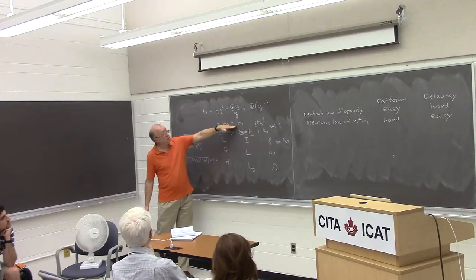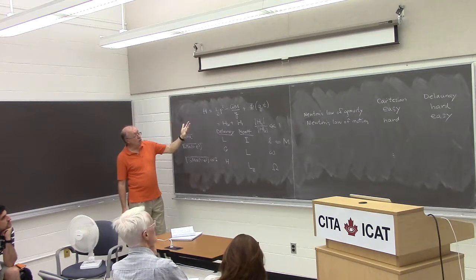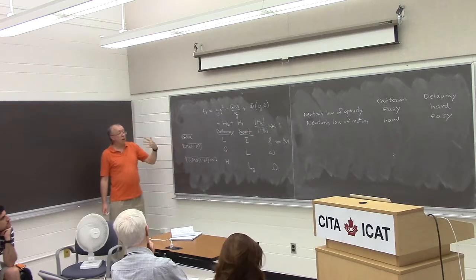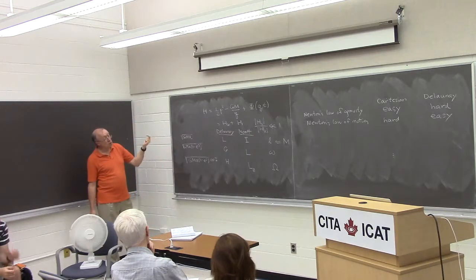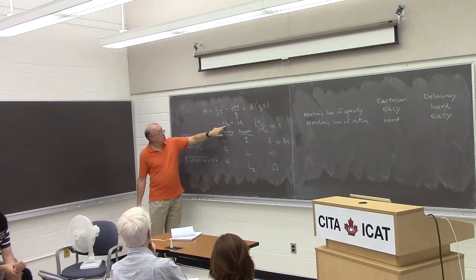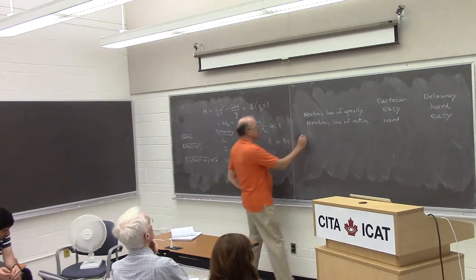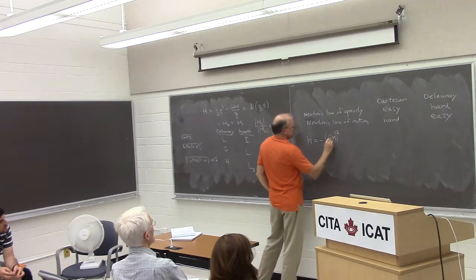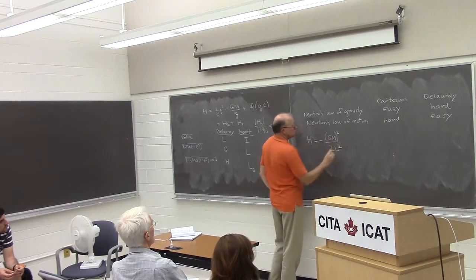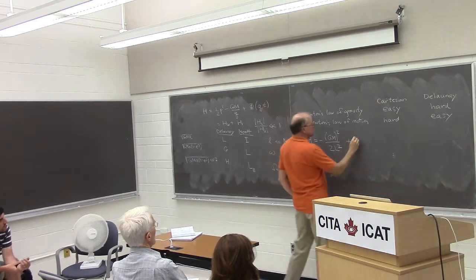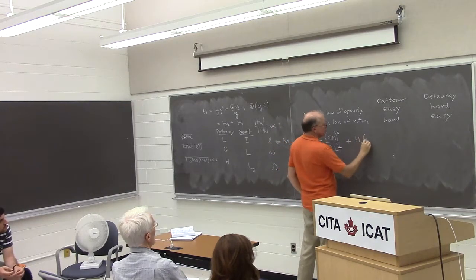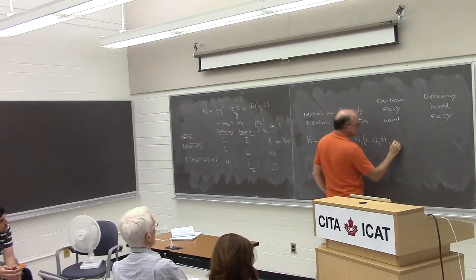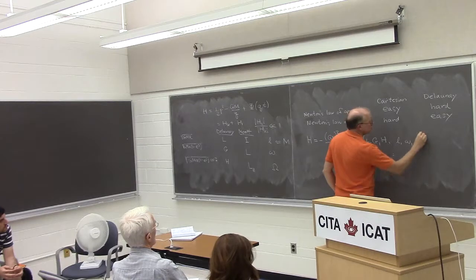This is a Hamiltonian. So you can use any set of canonical coordinates, and the equations of motion will look the same. We're going to use the Delaunay coordinates, and so the Kepler Hamiltonian is just minus G squared M squared over 2L squared, and then there's a perturbing Hamiltonian, which is a function of all three momenta and all three coordinates.